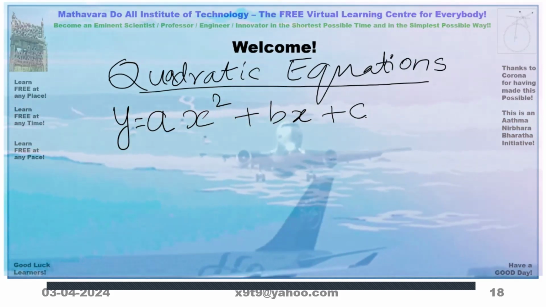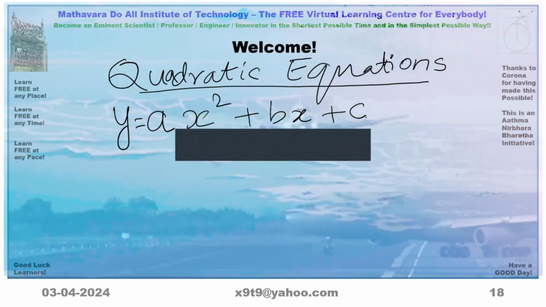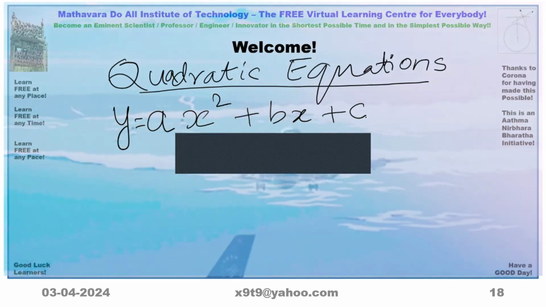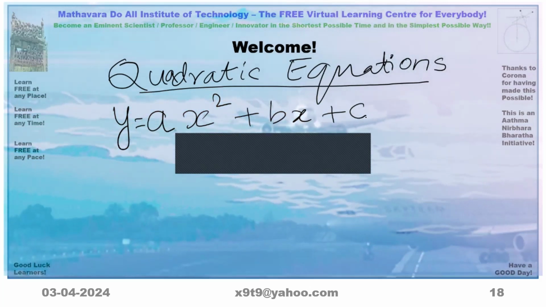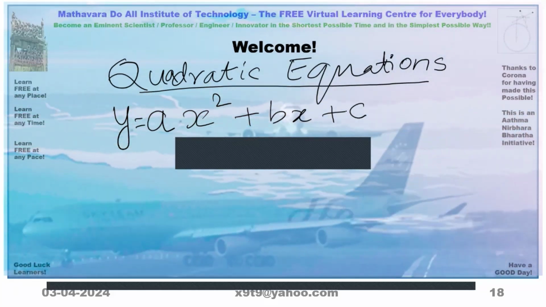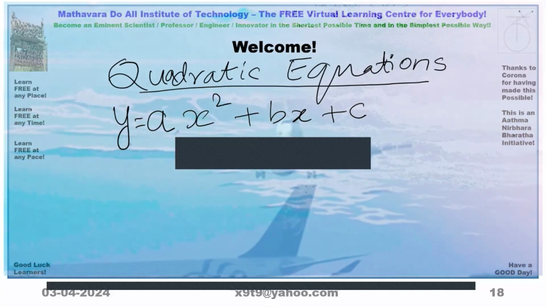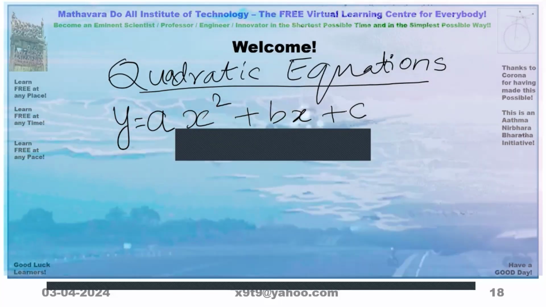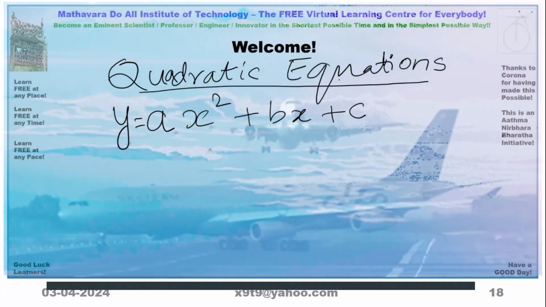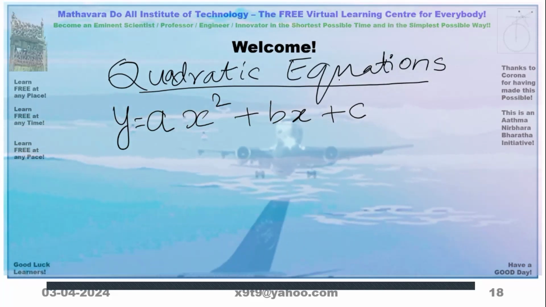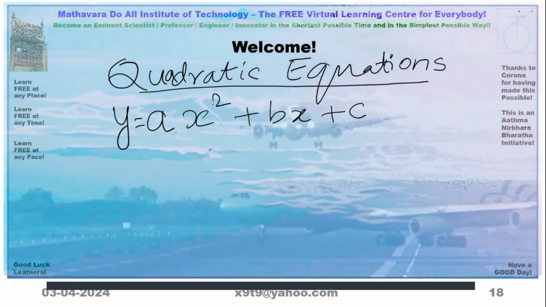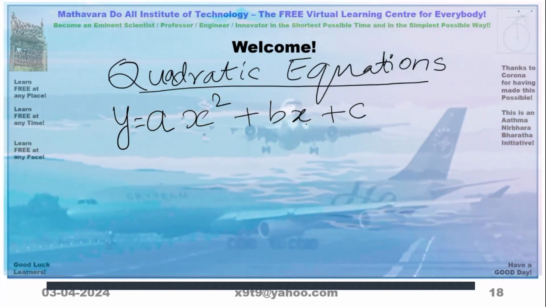There may be some loose contact, that's why. Yeah. So, y is equal to ax square plus bx plus c.